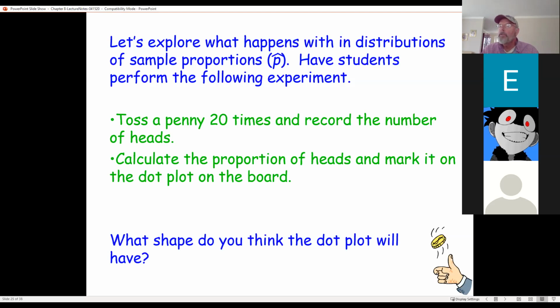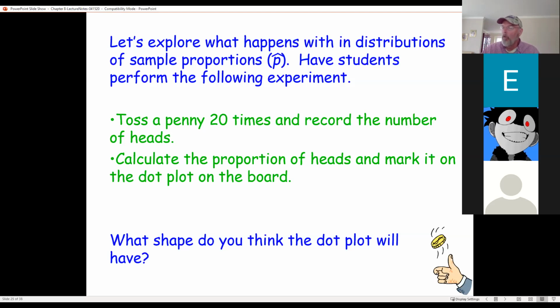Say, for example, we toss a penny 20 times and record the number of heads. Calculate the proportion of heads and mark it on a dot plot on the board. What would be the shape of the dot plot? What we would do is take a penny, flip it 20 times, and record the number of heads.